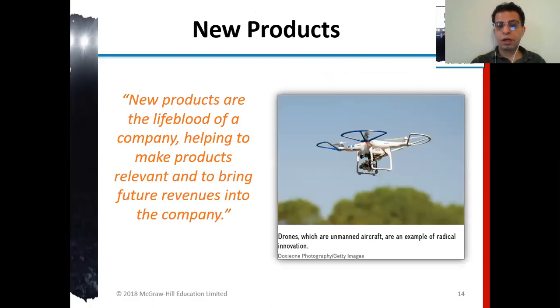New products are the lifeblood of a company, helping to make products relevant and bring future revenue into the company. When we started in the higher education solution, we were at peak level for telco core solution and banking core solution.